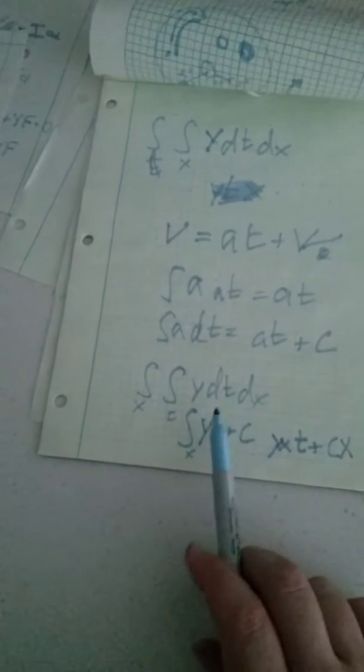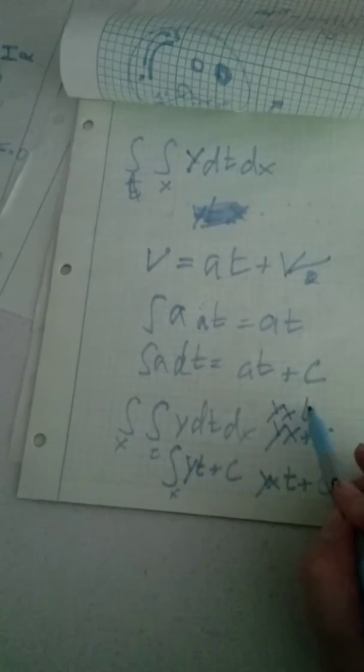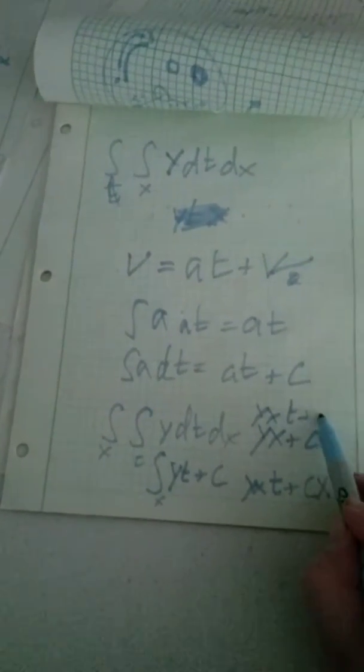But what if we integrated x first? If we integrated x first, we'd have yx plus c, and then we'd have yxt plus ct.